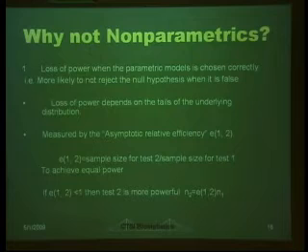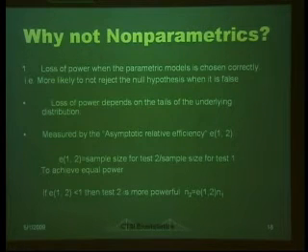The loss of power that you have depends upon how poorly you made the assumption for the parametric test. And in most cases, it depends, as I'll show you in a minute, on what the tails of the distribution look like if you did a histogram for the entire population, how thick they are compared to, for example, a normal distribution.